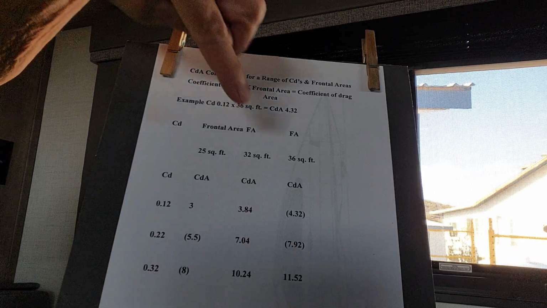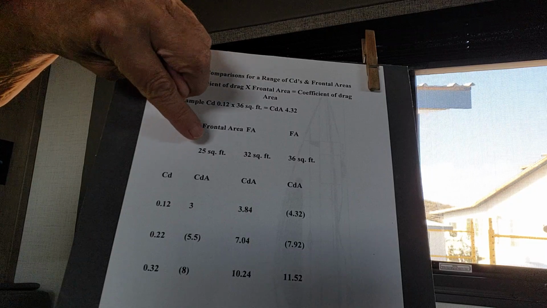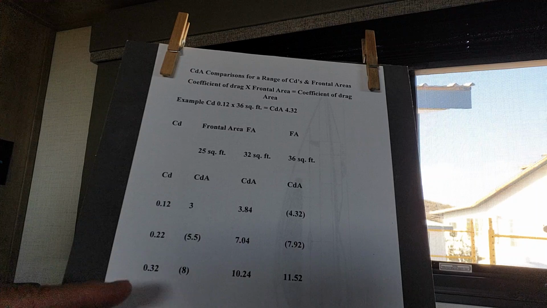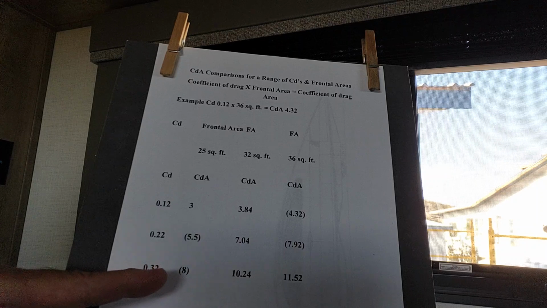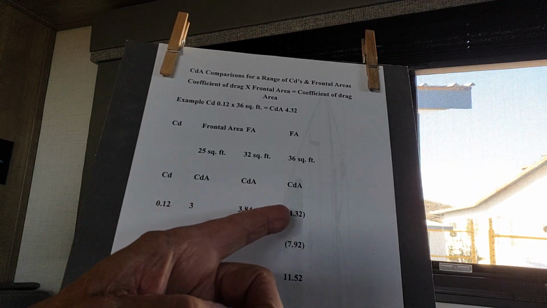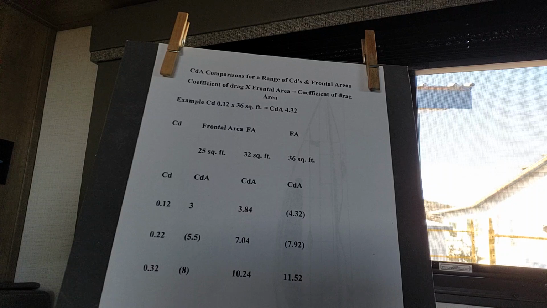So even with a smaller vehicle with only 25 square feet of frontal area, with a 0.32 drag coefficient, you have a coefficient of drag area of 8, which is nearly double what the large vehicle has with a low coefficient of drag. So this is a more complete story.